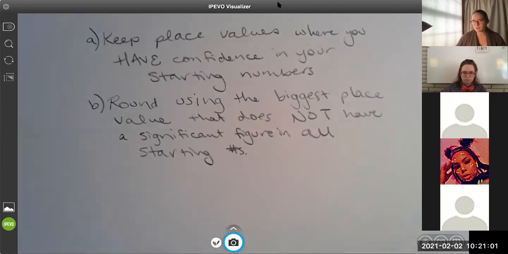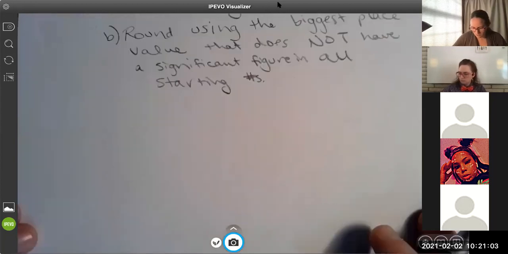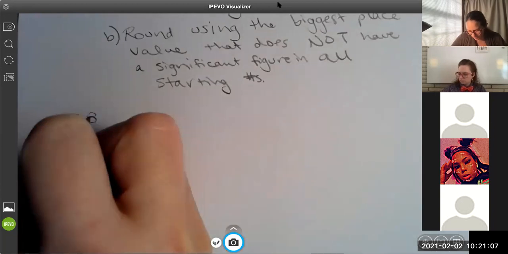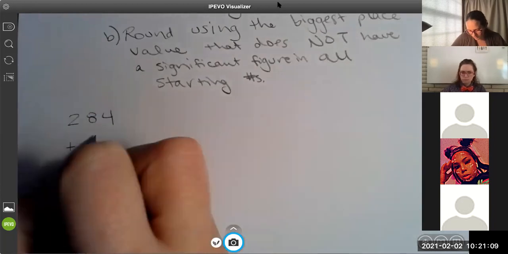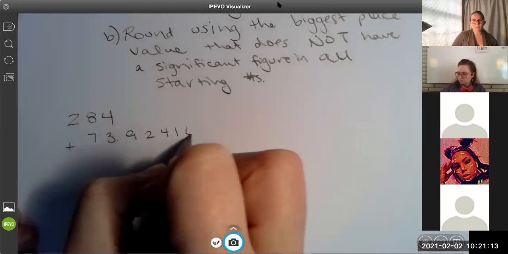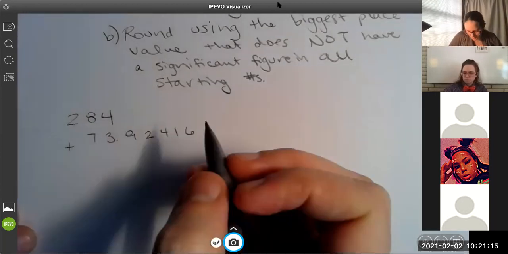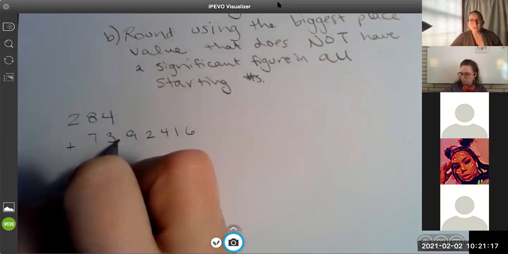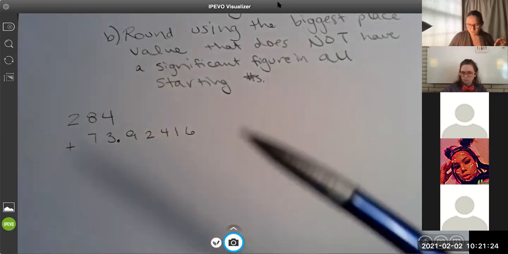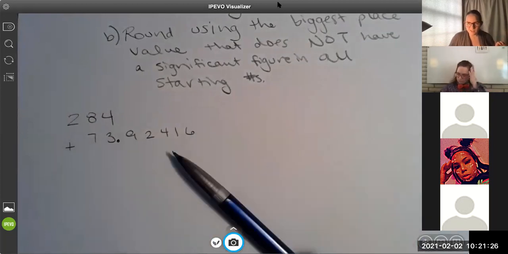Okay, let's do it. Let's do 284 plus 73.92416. I kind of even set this up for you. You can already see that one of these numbers can measure a lot more detail than the other one can.